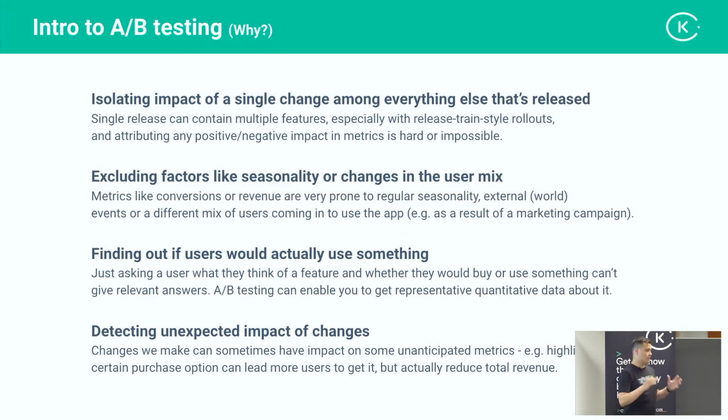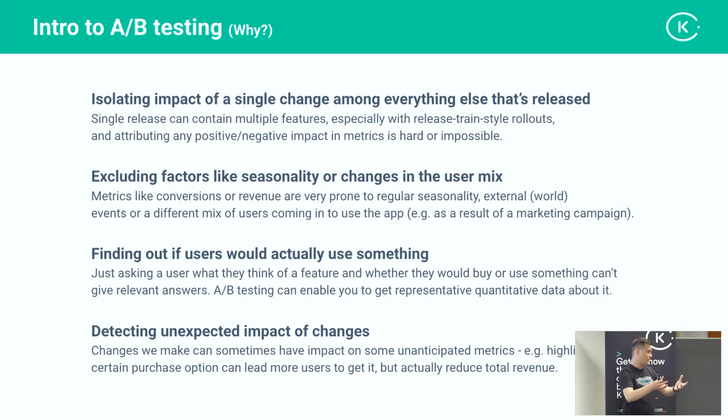The most important thing here is that you can properly isolate the impact of a single change against everything else that you've changed. It's common with mobile in particular that you have a release train style of releasing, and at Kiwi there are multiple teams targeting the same release.